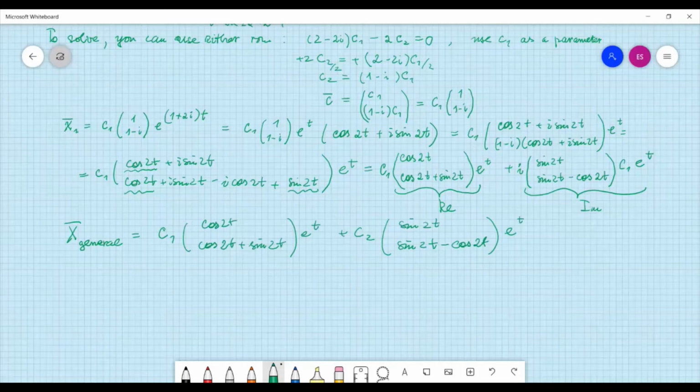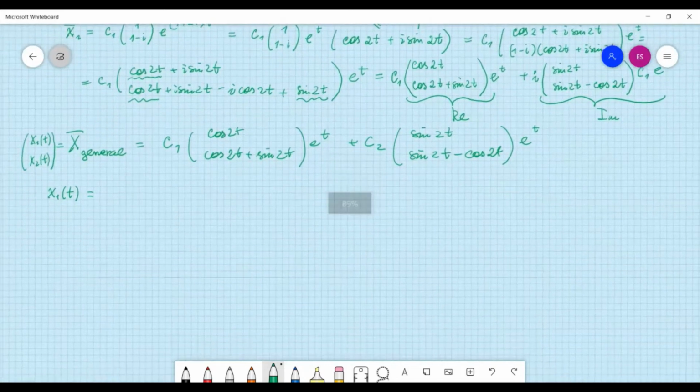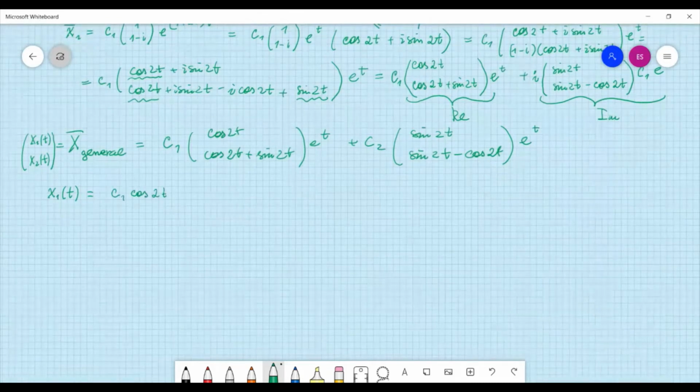And what I'm going to do, guys, I'm going to remember that actually this x bar, it's x1 of t, first function, and x2 of t, my second function. That's a vector, right? So I can write down now x1 of t, my solution. The first solution is going to be what? I'm going to copy the top part. It's going to be c1 cosine of 2t and c2 sine of 2t, and I'm going to put exponential factor outside.